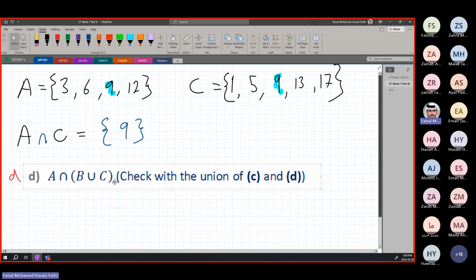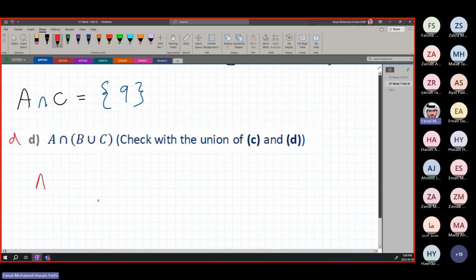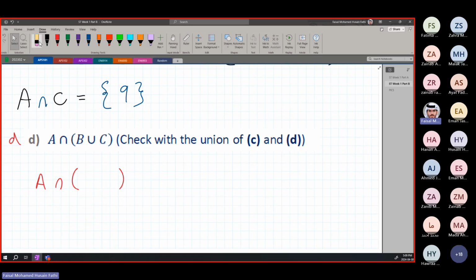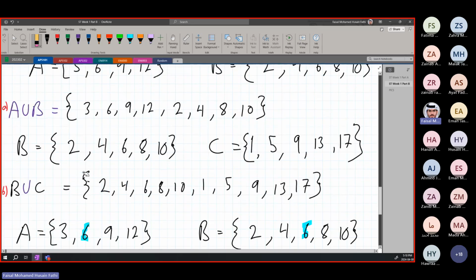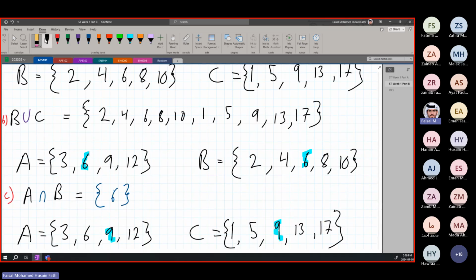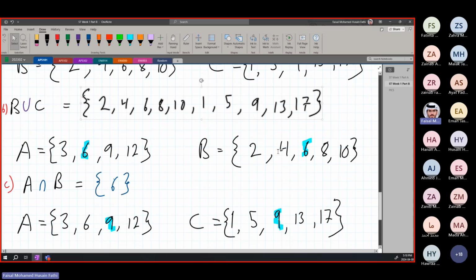We're going to first look at what's in brackets. Always we will solve what's in brackets or parentheses first, just like in math. Then we will do the intersection. So we're going to do A intersection (B union C), and we're going to write the answer of B union C here. We already found what B union C was. This is B union C from part B.